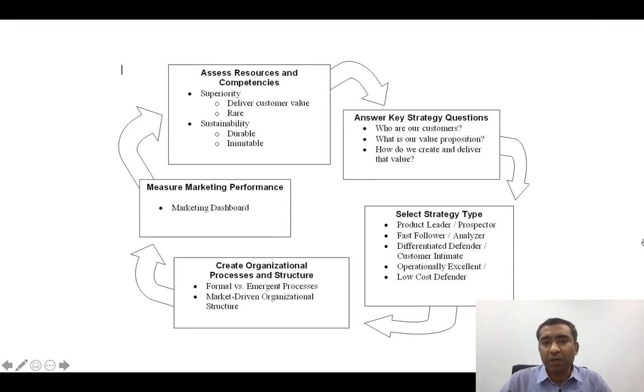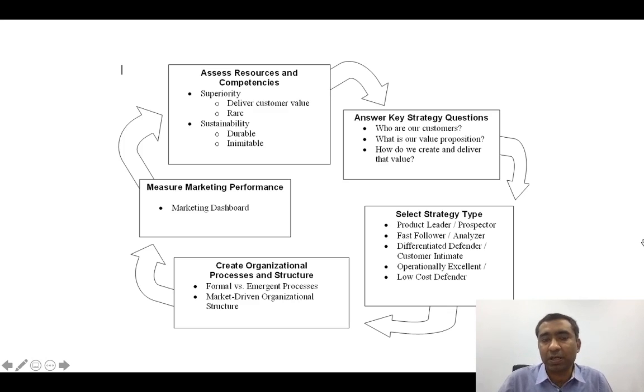But if I conclude today's lecture in one diagram, you can see this is what we are going to learn today. These are the steps we take during the marketing strategy for high-tech firms.